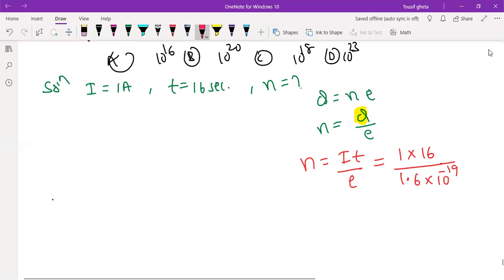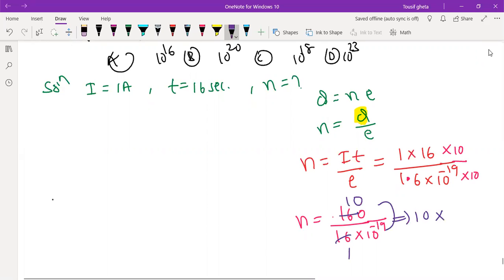So here we will get n is equal to, I can't divide directly, so I will just multiply by 10 and 10. So here we'll get 160 and here you will get 16 into 10 raised to minus 19. So 16 ones are 16 and 16 tens are 160, and 10 comes in the numerator, so you will get 19. Here 10 raised to 1, so the answer will be 10 raised to 20.